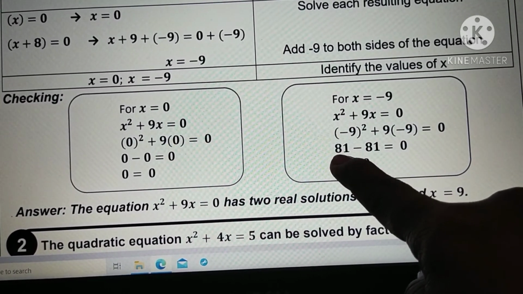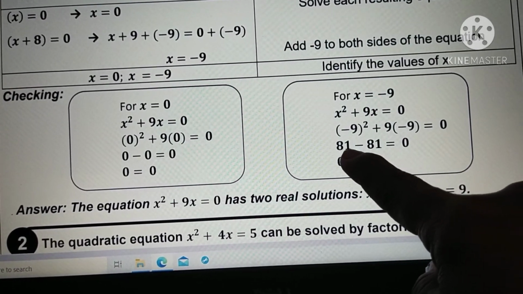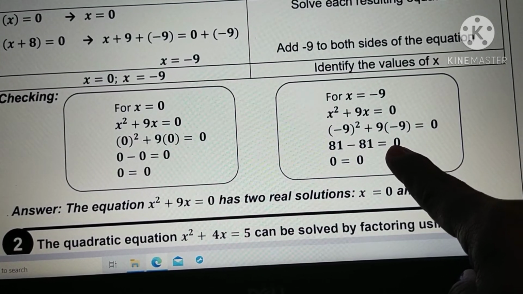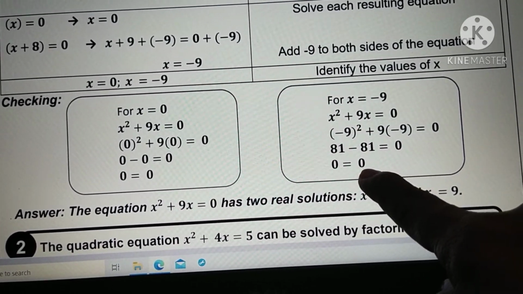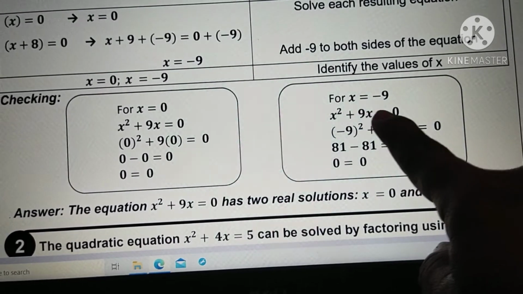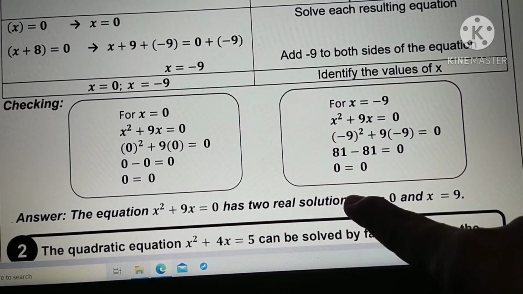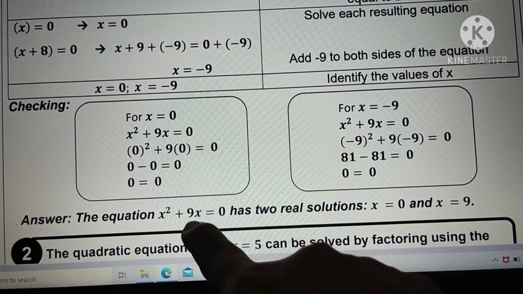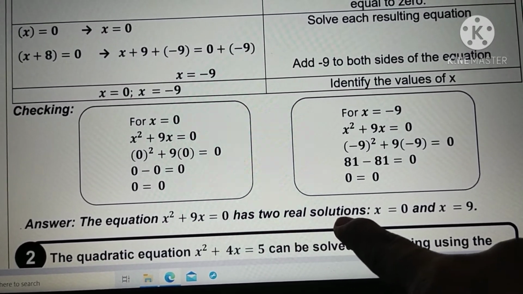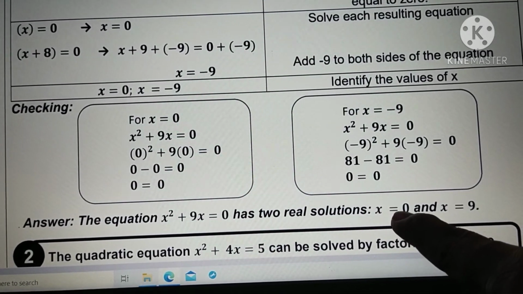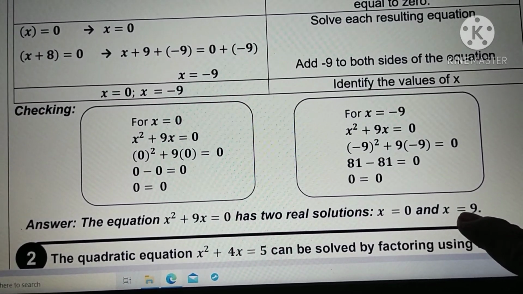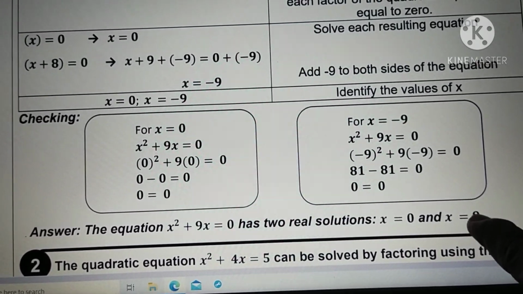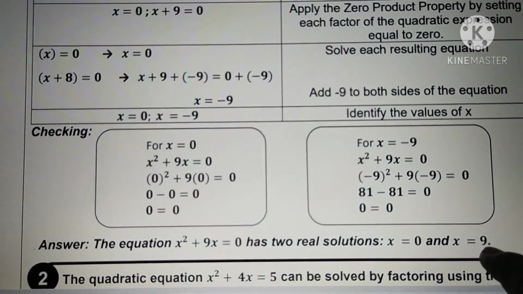So we have 81 minus 81, which is 0. Since the equation equals 0, it balances, so the solution is correct. Therefore, the equation x squared plus 9x equals 0 has two real solutions, 0 and negative 9. Correction: this should be negative 9.